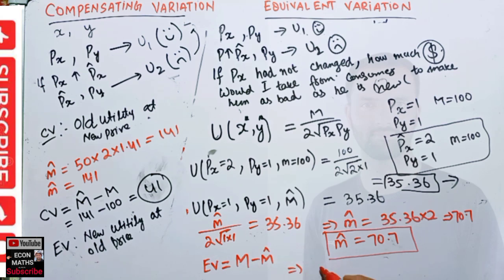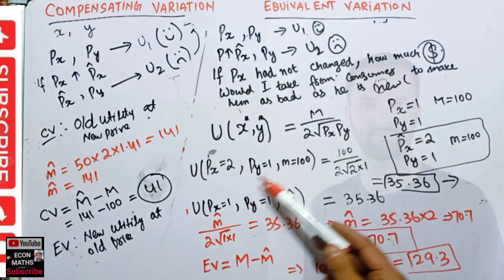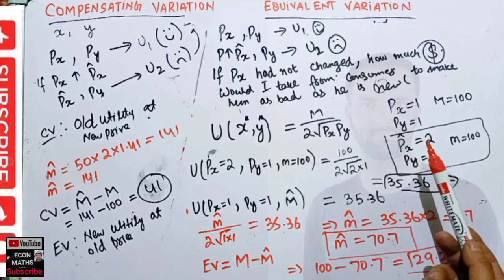Originally the consumer had $100 minus 70.7. This comes out to be 29.3. Okay, so we need to take $29.3 from the consumer so that he feels as bad as he is after the price has changed.